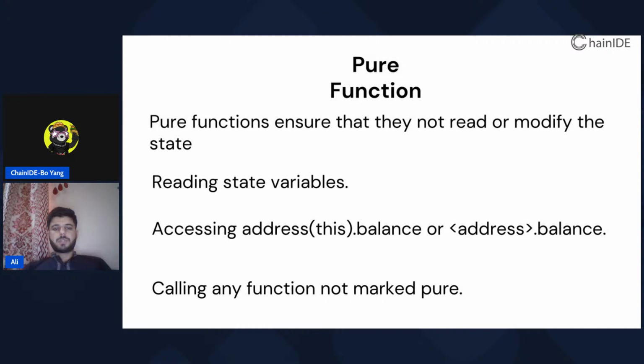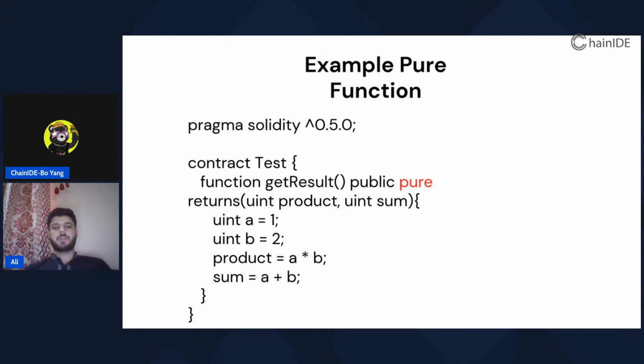Pure functions ensure that they don't read or modify the state variables, or use global variables like address(this).balance or address.balance. Both view and pure are the same but with a little difference: in view we cannot modify, but in pure we cannot read or modify the state variables.